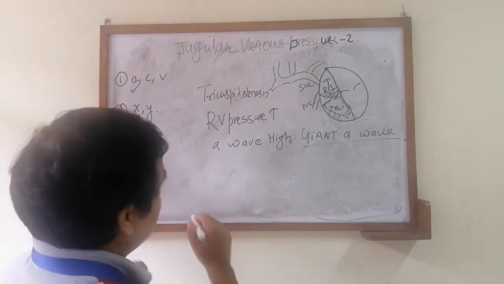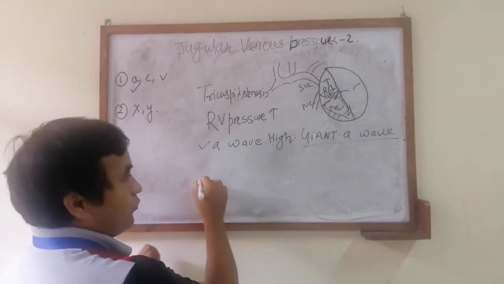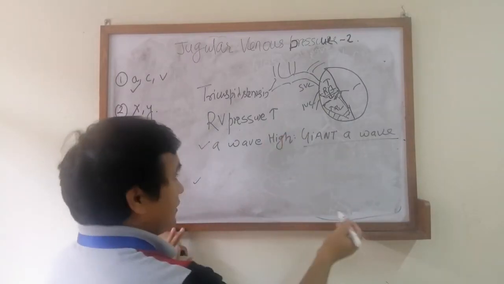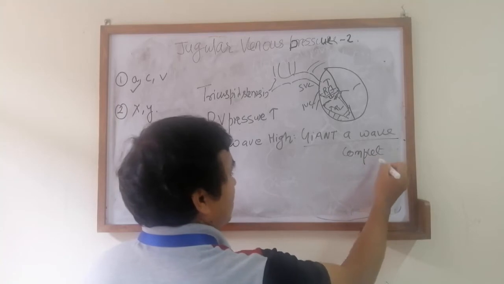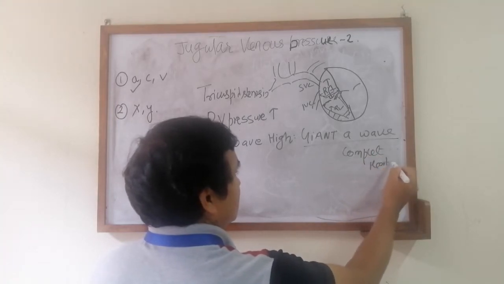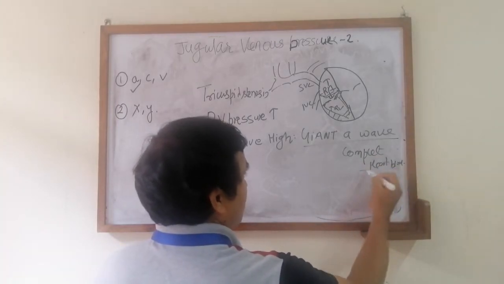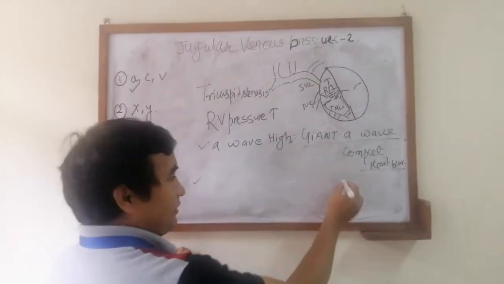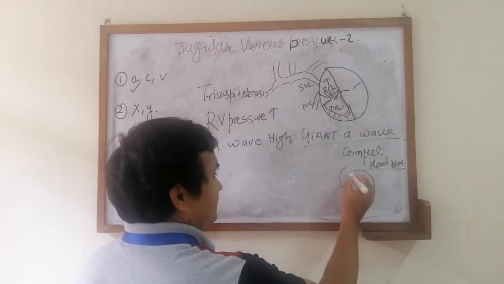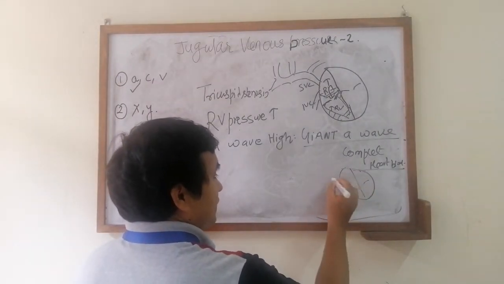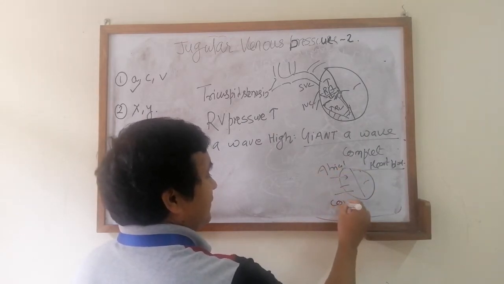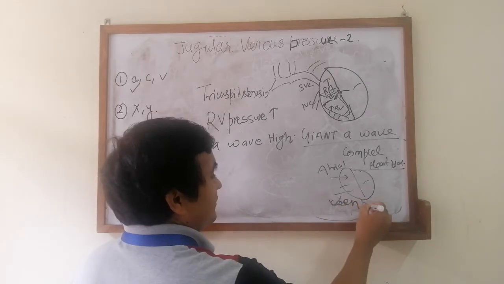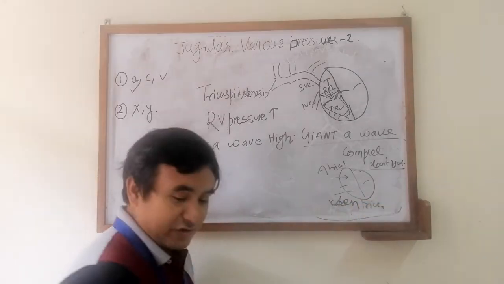Okay, second, sometimes there is one condition called complete heart block, where atrium and ventricle are contracting at different times.